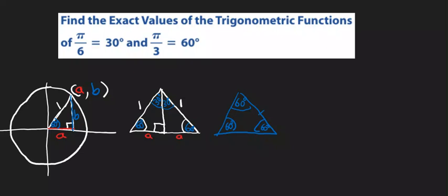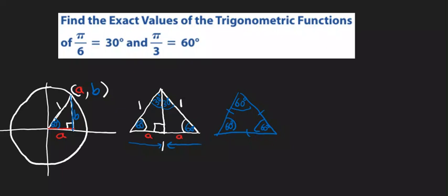This is an equilateral triangle, which means all the sides are equal. That means that this side up to this side is also 1, making our A plus A equal to 1.